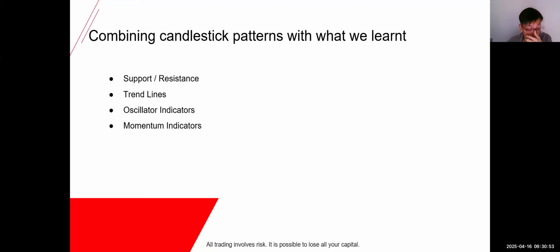Oscillator indicators are indicators like your stochastic, your RSI. Momentum indicators are more like your MACD, your Ichimoku cloud. Let me show you guys some examples.